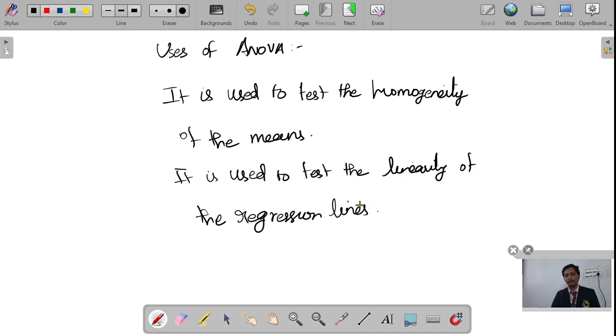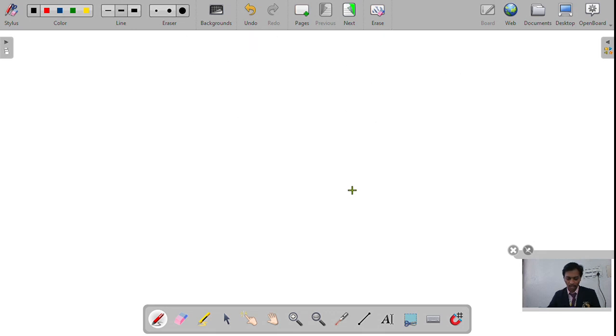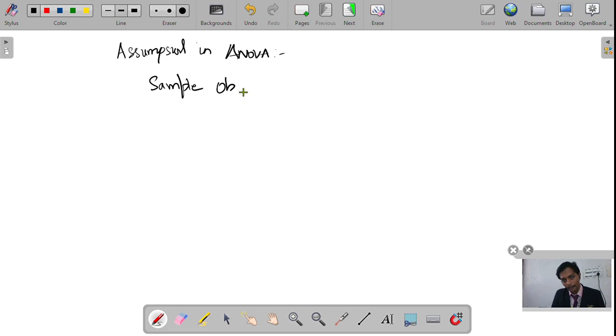There are assumptions. First we are going to see the assumptions in ANOVA. First, the sample observations are independent.